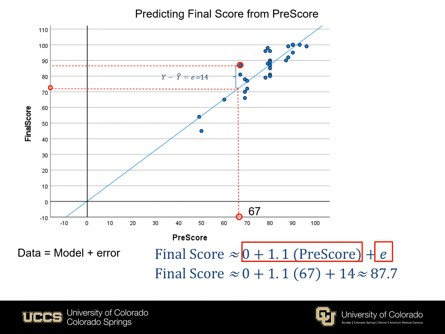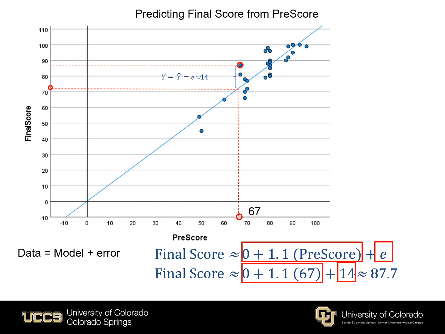And we can conclude that this person's final score can be estimated by knowing what the model predicts, which is the 0 plus 1.1 times their pretest score, plus what we know the error to be, which is about 14 points, and we can arrive at their actual data point of 87.7.